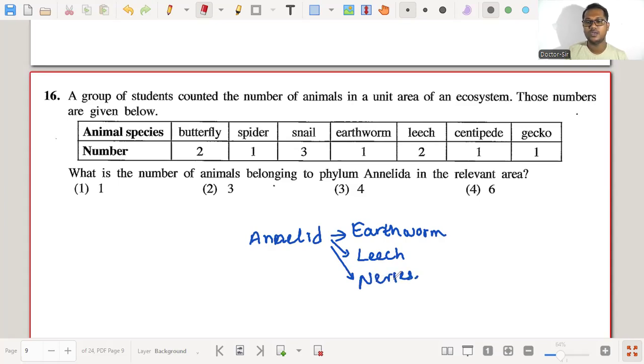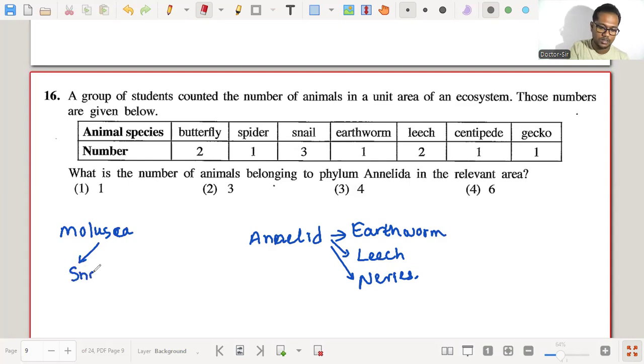Okay. All right. So what is the other group of animals you know? You should know about the mollusca. So what are the mollusca animals?